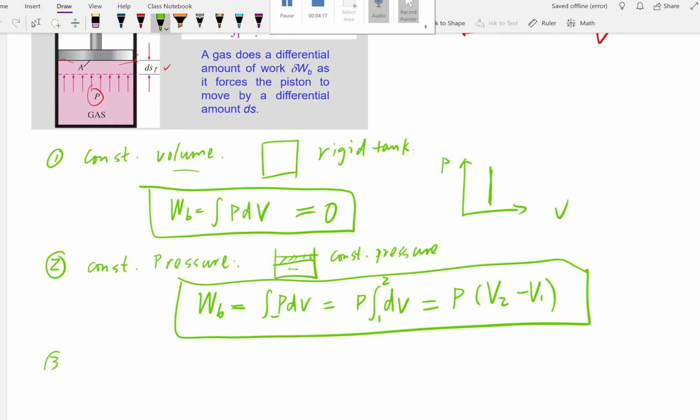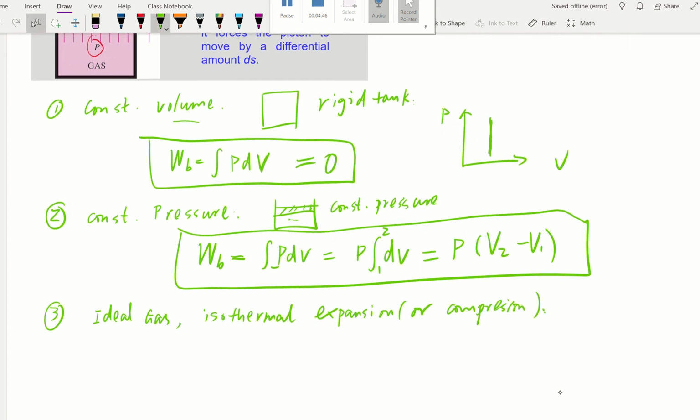Now let's look at another scenario. The first condition is that there's ideal gas inside, and the second is that it's an isothermal process. This could be isothermal expansion, increasing the volume, or isothermal compression. We start with the governing equation, the integral of P dV.